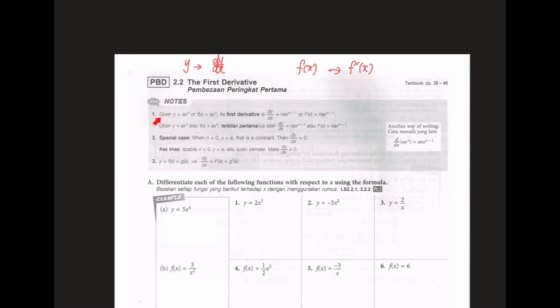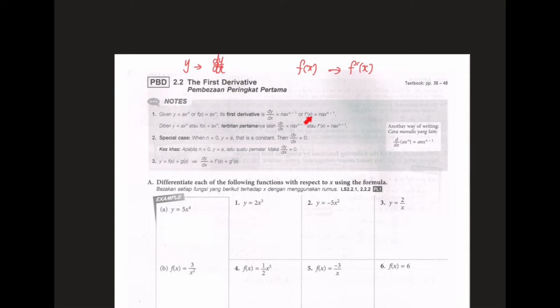As you can see here, given y equal to ax to the power of n, you have the equation in y, and then you may also have the equation in f(x) equal to ax to the power of n. So the formula to differentiate ax to the power of n is, you see the derivative, dy dx is equal to nax to the power of n minus 1.